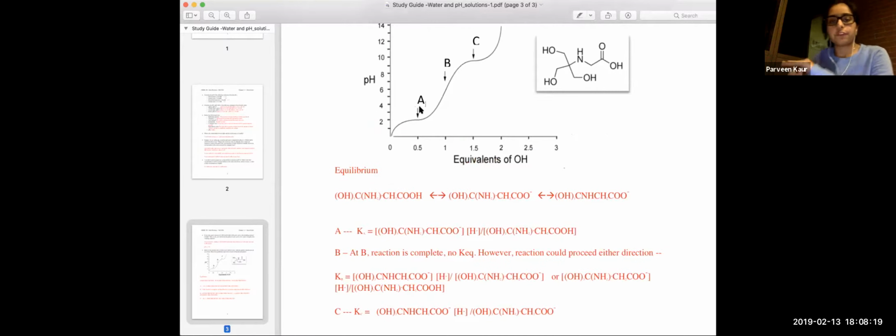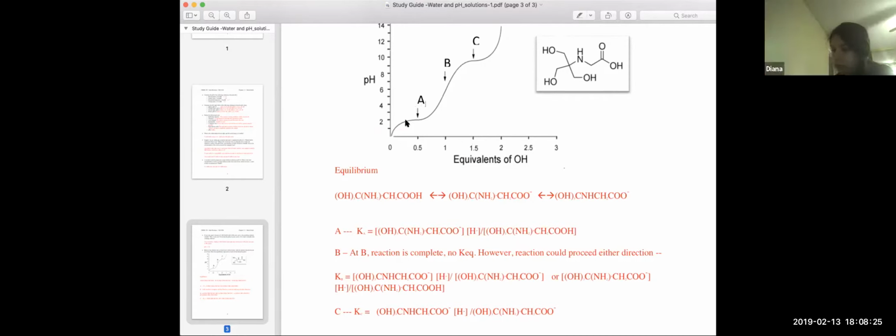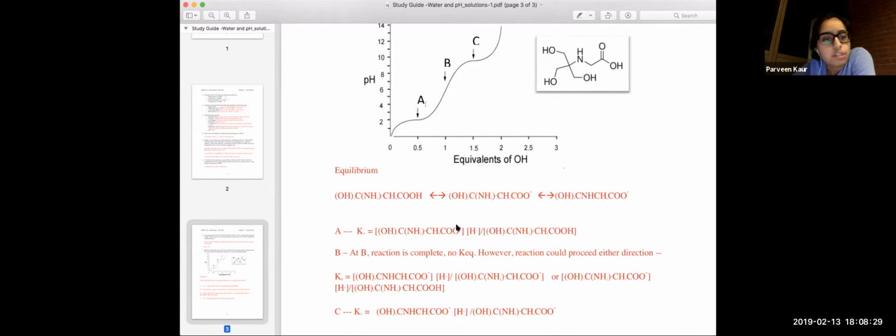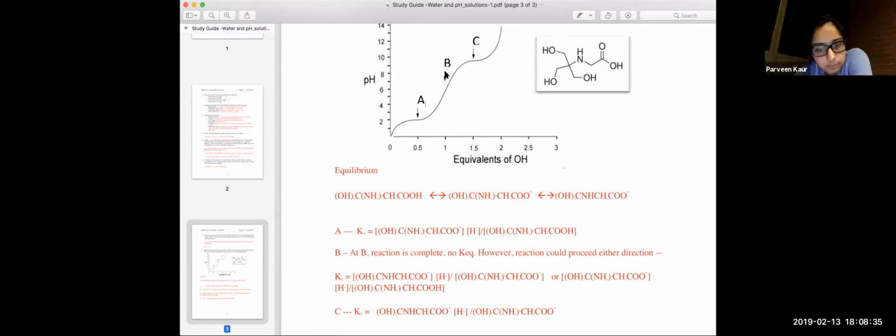See at the first point A, let's just say, it loses a hydrogen from the carboxyl group. And then at B, it loses the hydrogen from right here.